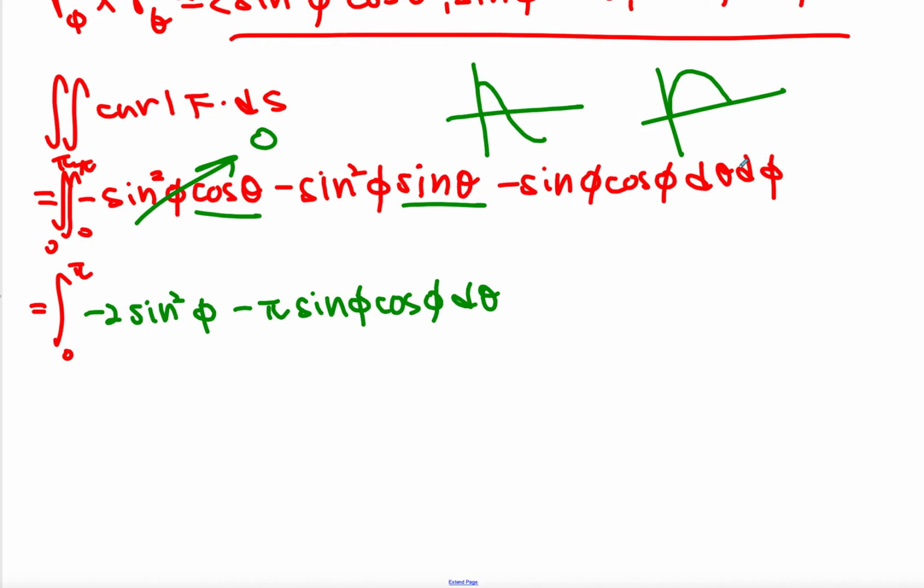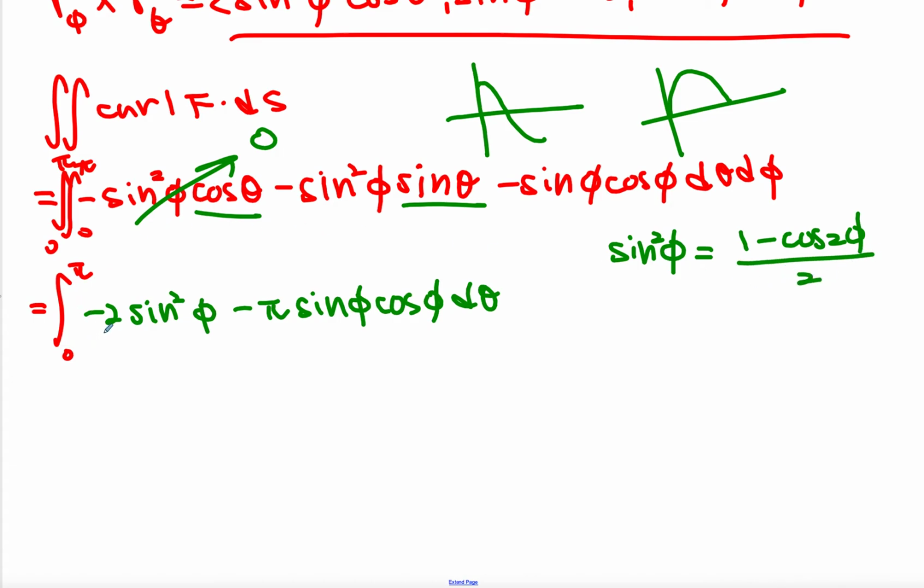Now, the next thing that I want you to realize is that I can try to figure out the integral for this one. In the case of sine square, we know that to be 1 minus cosine 2 phi over 2.